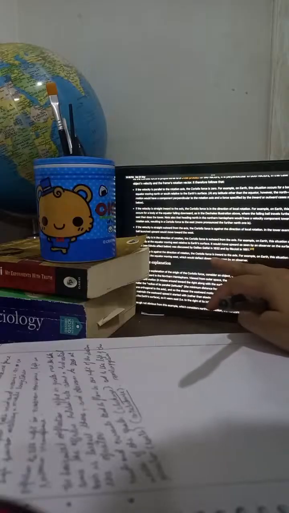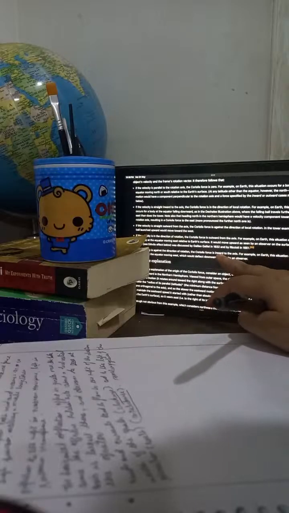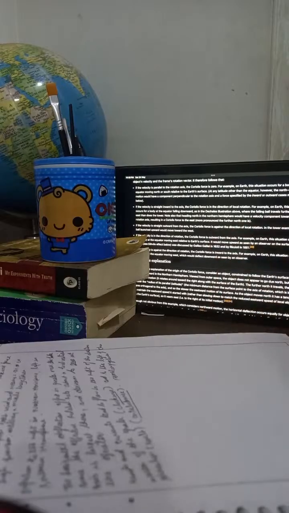If the velocity is parallel to the rotation axis, the Coriolis force is zero.